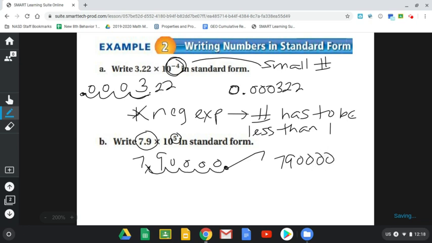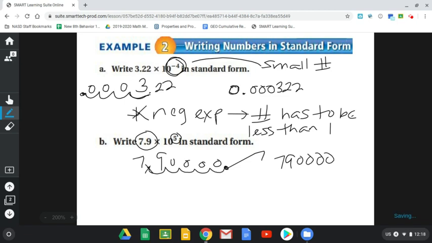Now, if you put this decimal point down here, when we look at that number, we don't ever write numbers that don't have anything to the right of the decimal point. We don't ever leave the decimal point there. So I'm just going to get rid of that decimal point. It doesn't need to be there.